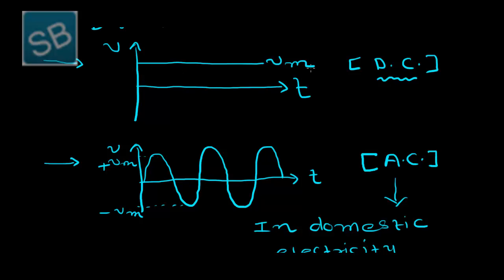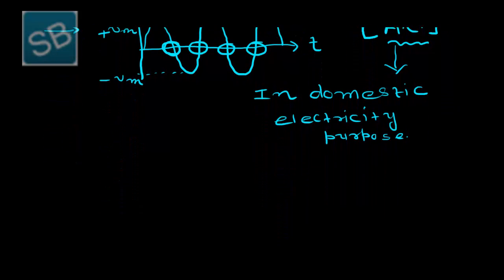Because here the voltage is continuously applied, and if you see the AC current, at this particular portion no voltage is applied, and so we can save our body from the shock due to this zero voltage. This occurs only in the AC current.